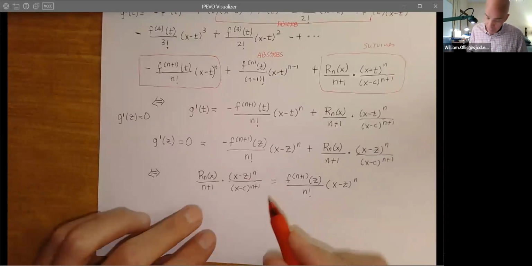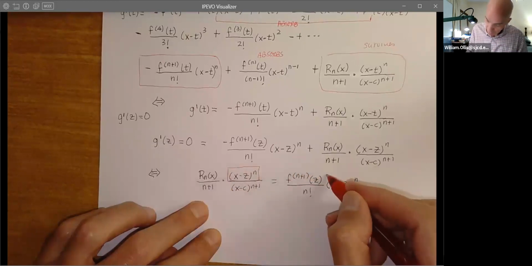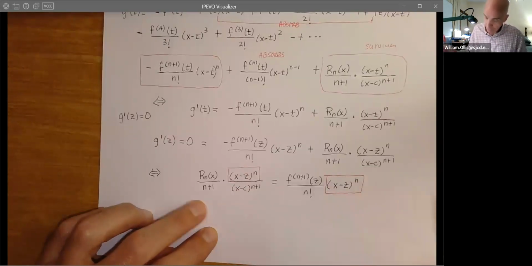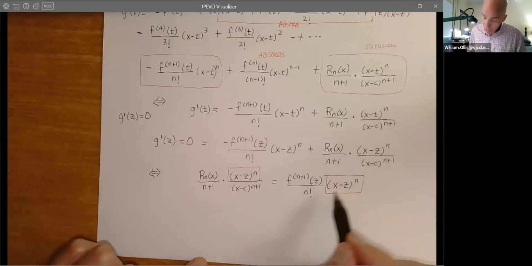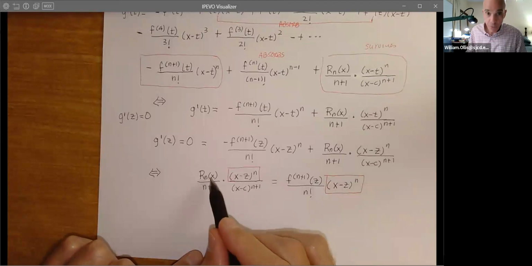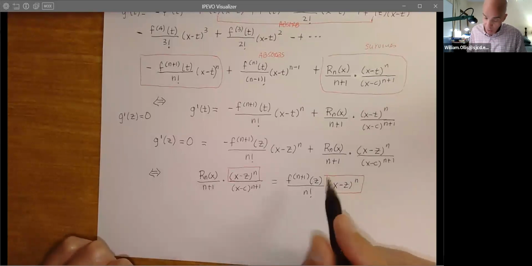So now these guys absorb. These absorb. And now what do we have left? Well, notice that all absorbs, and if we solve for the remainder term, we divide, or excuse me, we multiply.